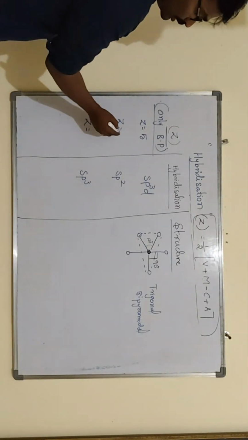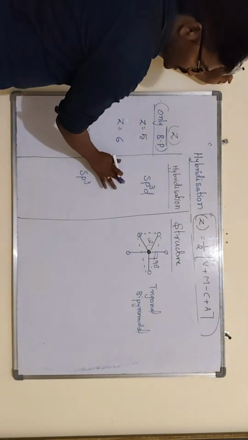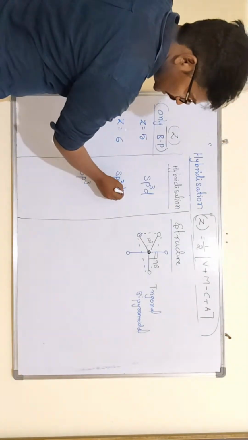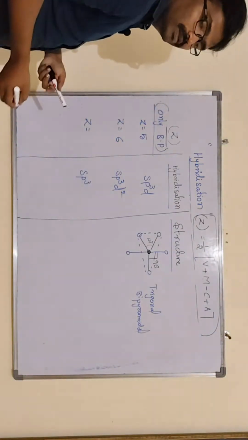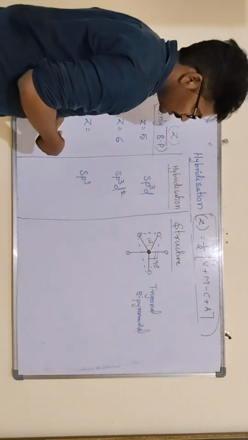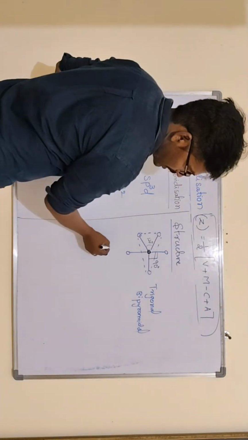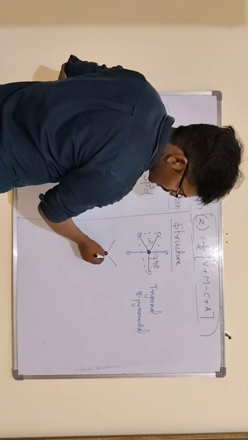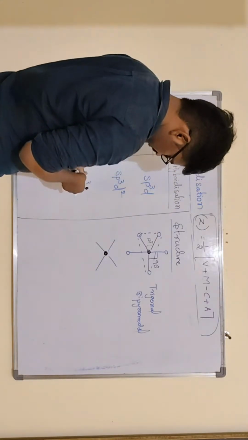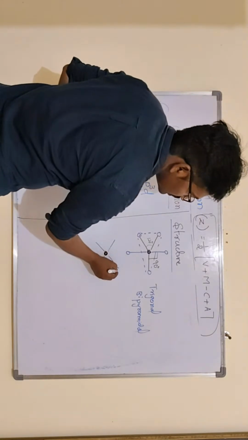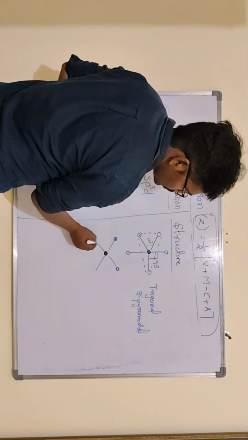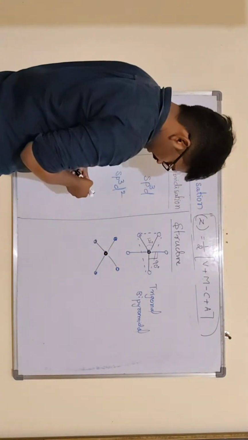The next Z value 6 undanukondi, sp3d2 hybridization. So just assume it, the central atom is this. Now surrounding atoms are, so 4 atoms are present in one plane.